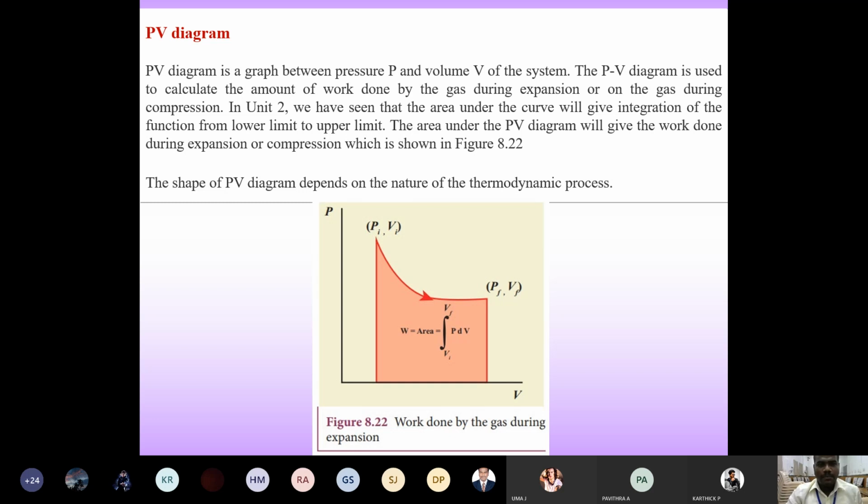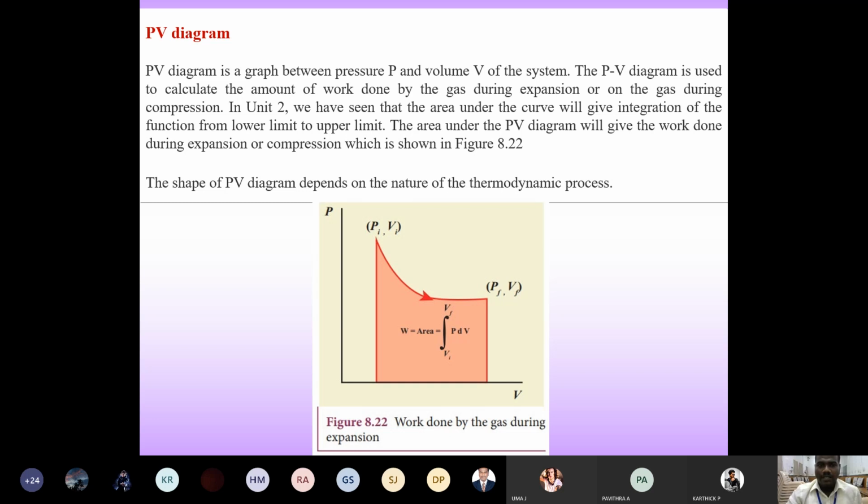The shape of the PV diagram depends on the nature of the thermodynamic process. How does the shape of the PV diagram arise? Because of the nature of the process. We have isothermal expansion, isothermal compression, isochoric expansion, isochoric compression, isobaric expansion, isobaric compression, and the reversible adiabatic process.